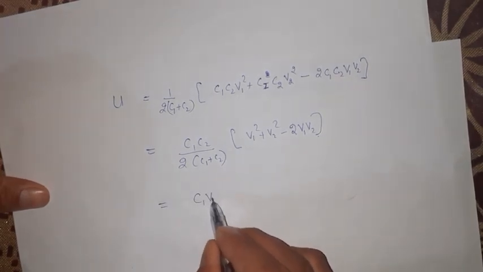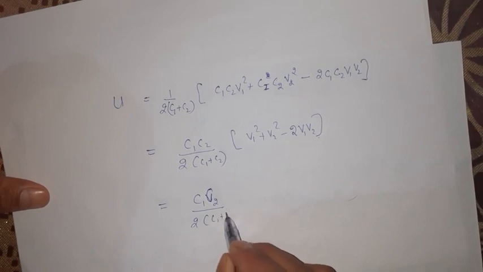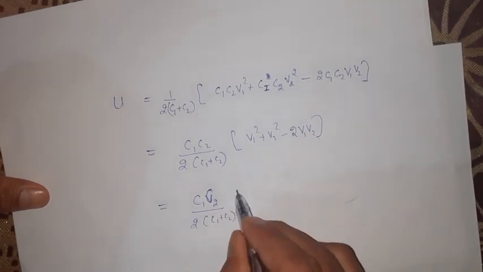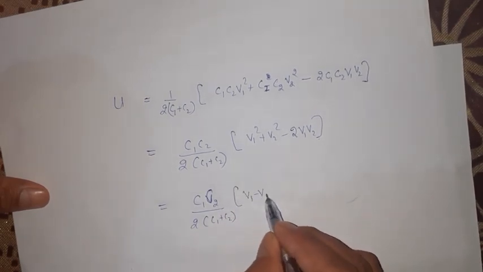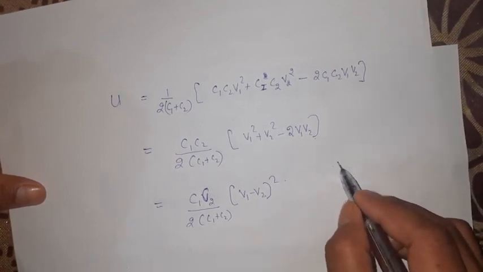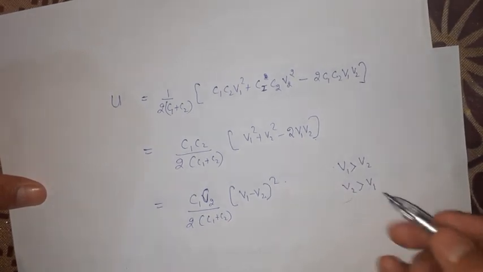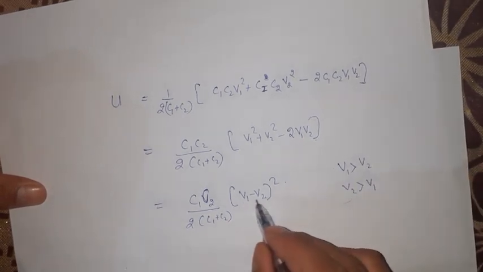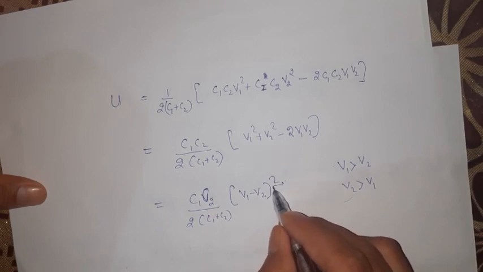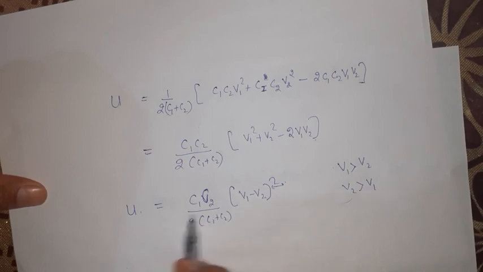Thus I will have this as c1 c2 upon double of (c1 plus c2), and thereafter (v1 minus v2) whole squared. Okay, so it doesn't matter whether v1 is greater than v2 or v2 is greater than v1, because here there will be the square. Thus this term will be a positive term.